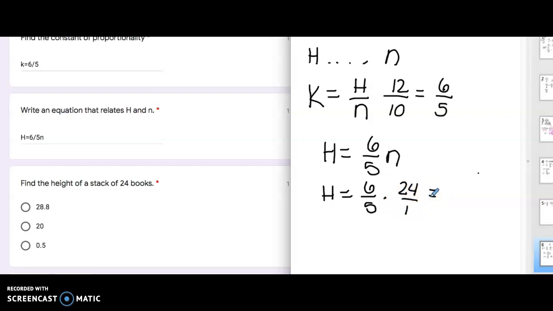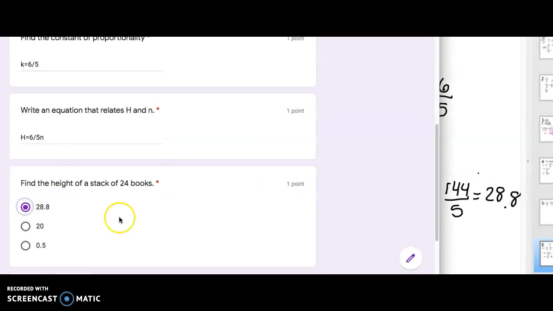So when we multiply across here, we get 6 times 24 is 144. 5 times 1 is 5. And 144 divided by 5 is 28.8. So here we go. The height is 28.8 inches.